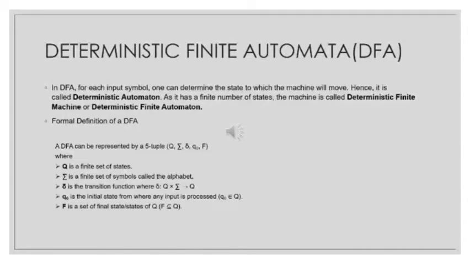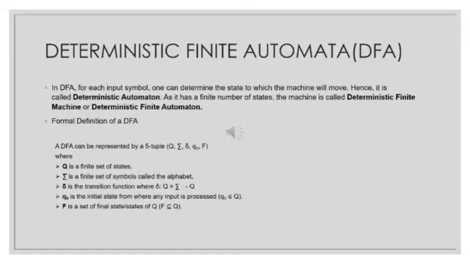Next we must know the formal definition of DFA. The formal definition of DFA consists of 5 tuples: Q, sigma, delta, Q naught, and F. What is capital Q? Capital Q is a finite set of states. Sigma is a finite set of symbols called alphabets. Delta is a transition function.